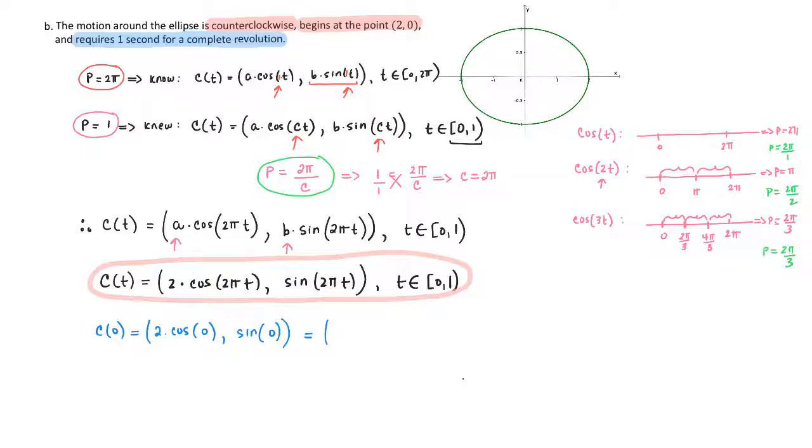So that's going to give us 2 comma 0. That checks nicely. And again, the direction of movement, we don't have to check that because we already chose the y component to be the positive option. So that already takes me in a counter-clockwise motion through this ellipse.